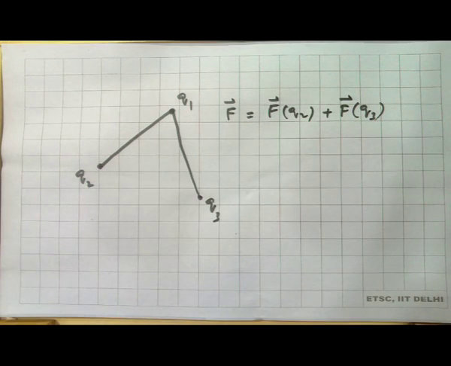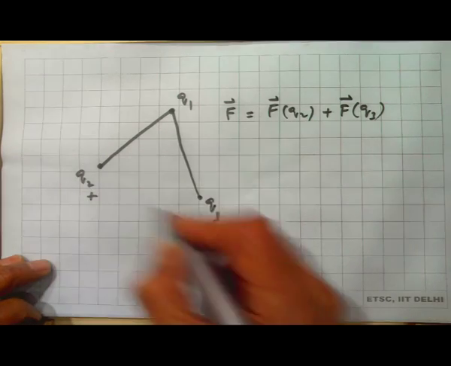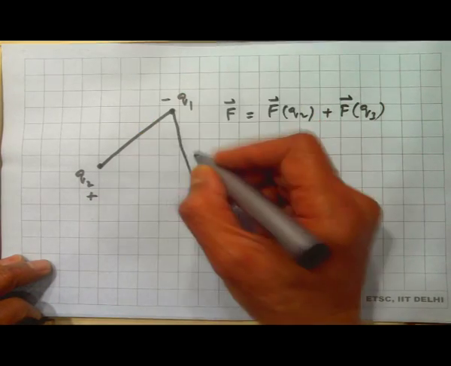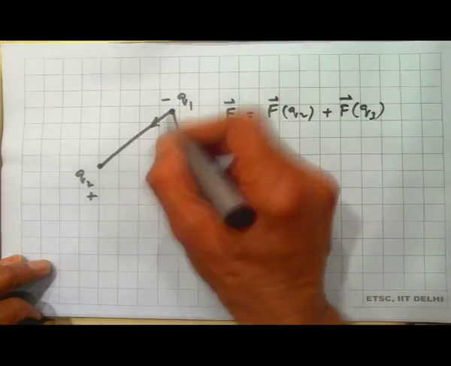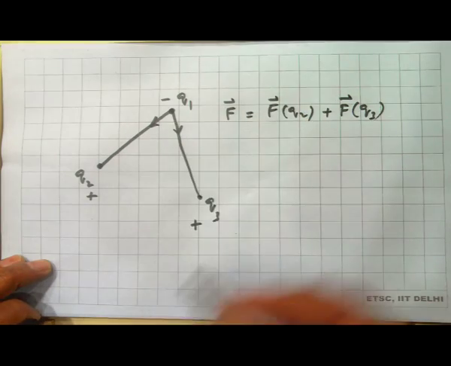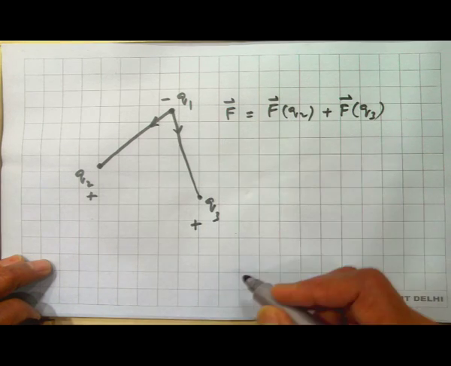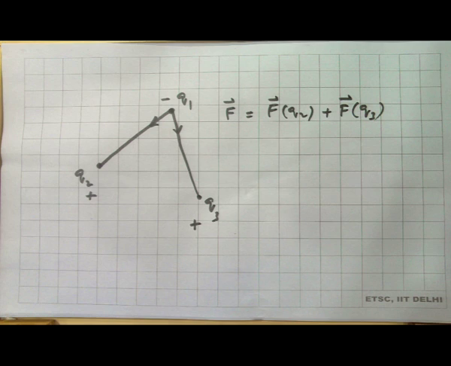And remember, force is a vector. So, if for example this is positive, this is positive and this is negative, then this force will be in this direction, and this force will be in this direction. So, I have to add vectorially the forces between q2 and q1 and q3 and q1 to get the total force on q1. So, we have introduced all this.